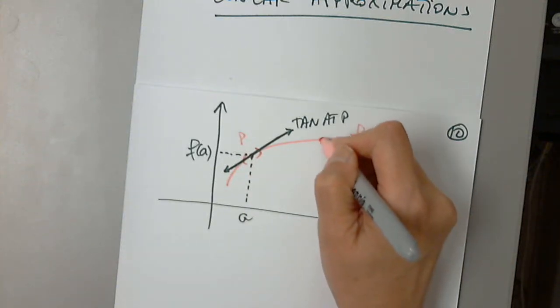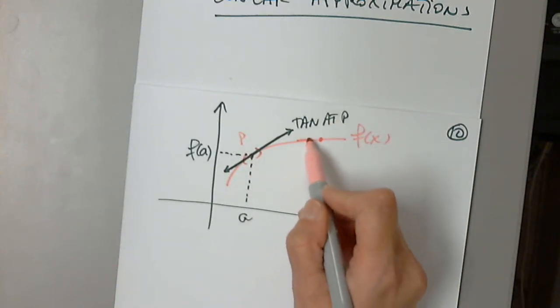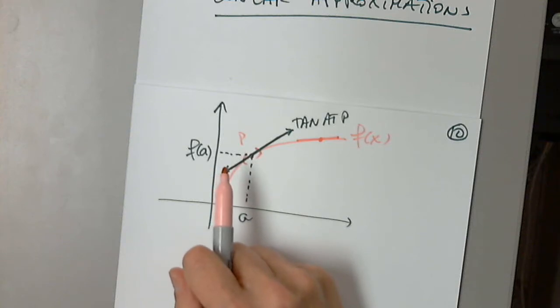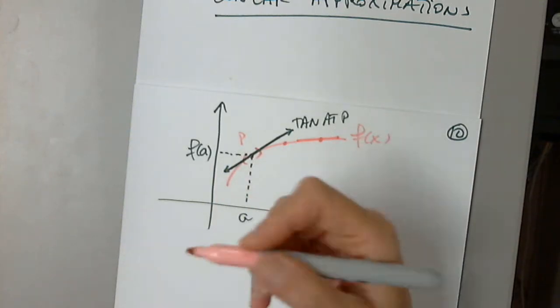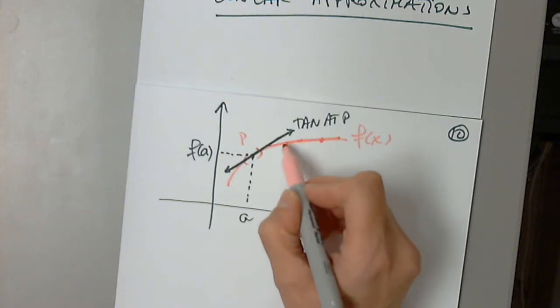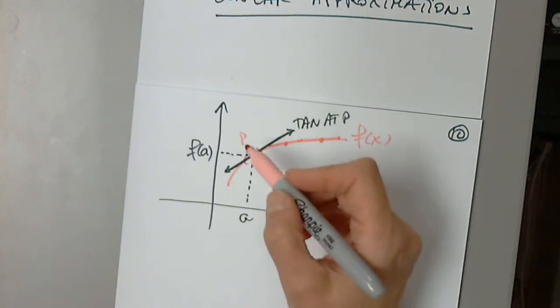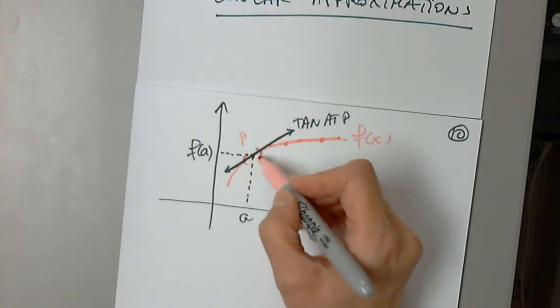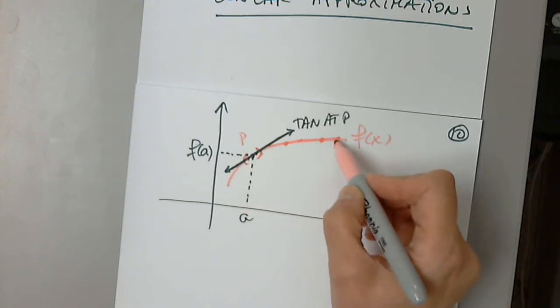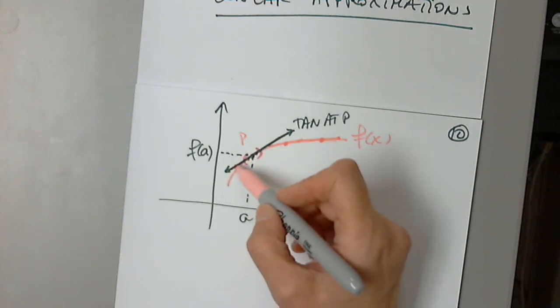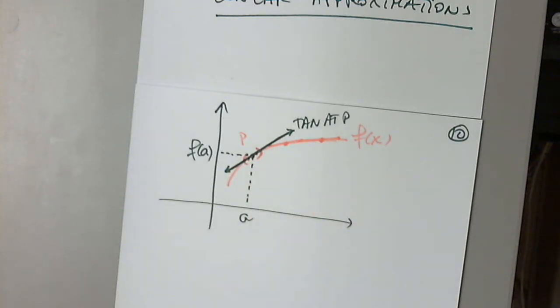If I want to estimate here, I need a new tangent and a new function that is a line. But here, if I'm here or very close, I don't need to use the function, and I will use the line to estimate.